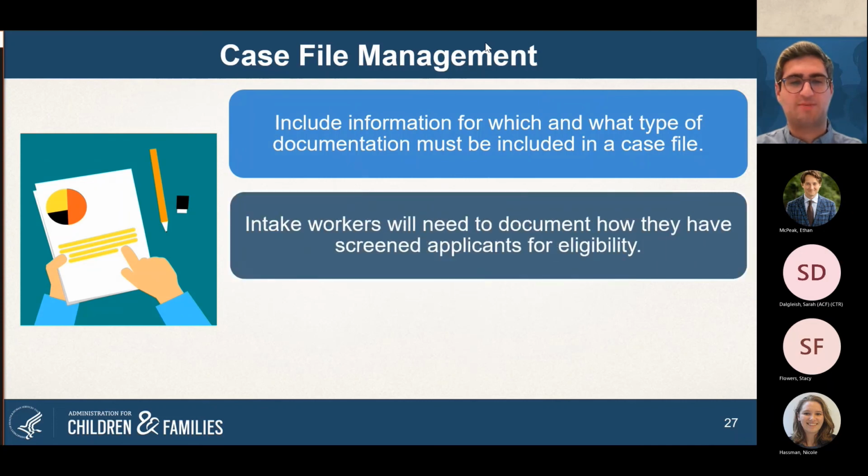Intake workers will need to document how they have screened applicants for eligibility. In doing so, make sure that your case file documentation and/or program policies and procedures include information that supports eligibility determination for LIHWAP.